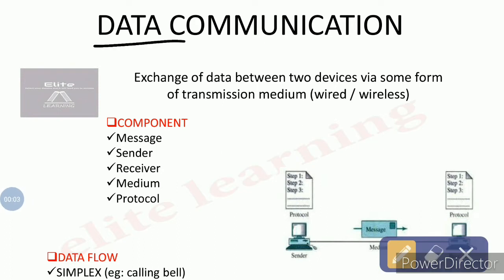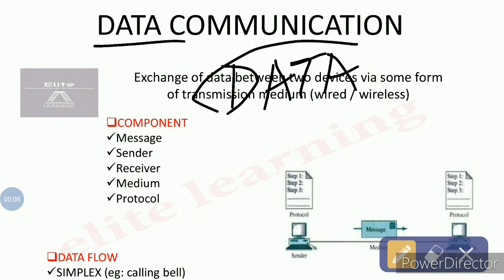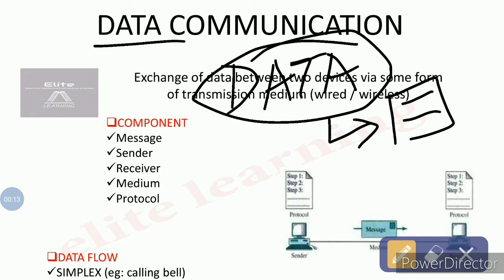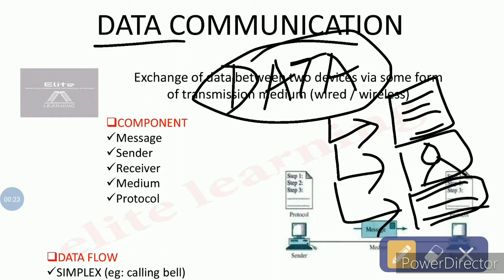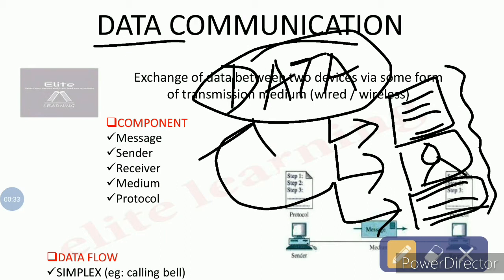Next is data. If we are to define data, we have seen a text document in our electronic device, right? We have seen images in our devices, and we have seen videos. If we are to define all this information in a generalized term, then we can call it data. Now the question arises, why is it generalized into one term and called data?